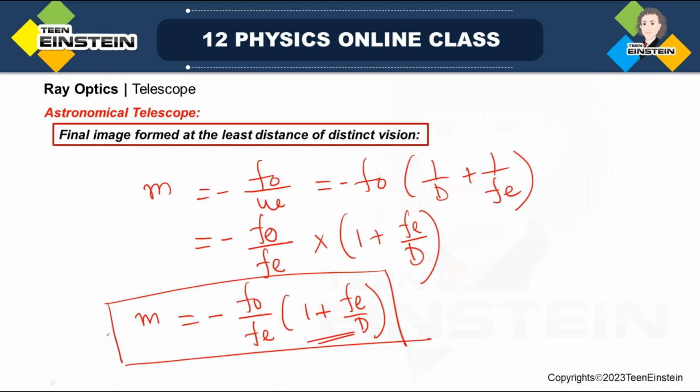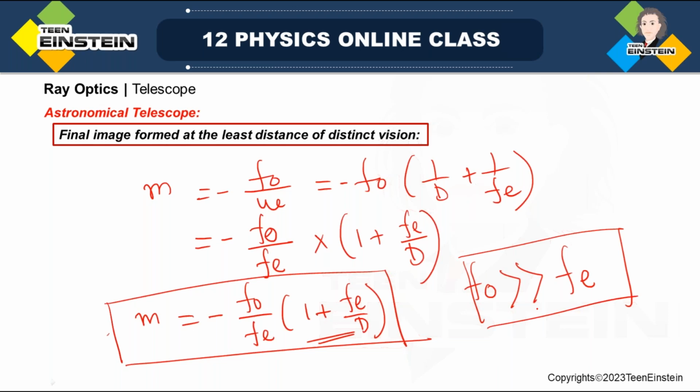So if we look at this factor here, we can say if we want to have large angular magnification, then the objective lens should have much larger focal length than the eyepiece.